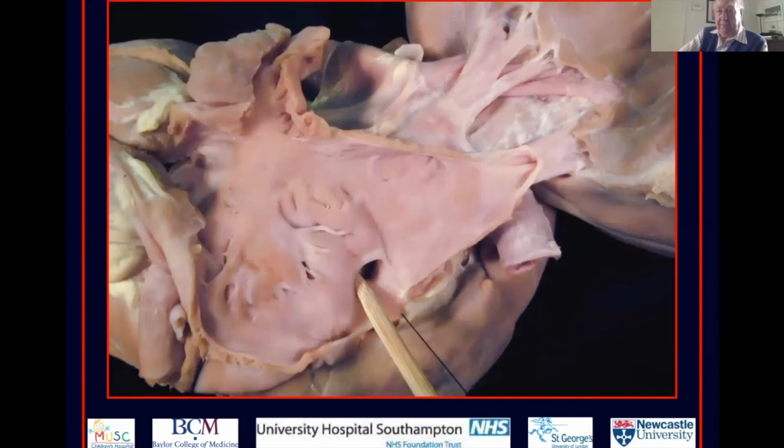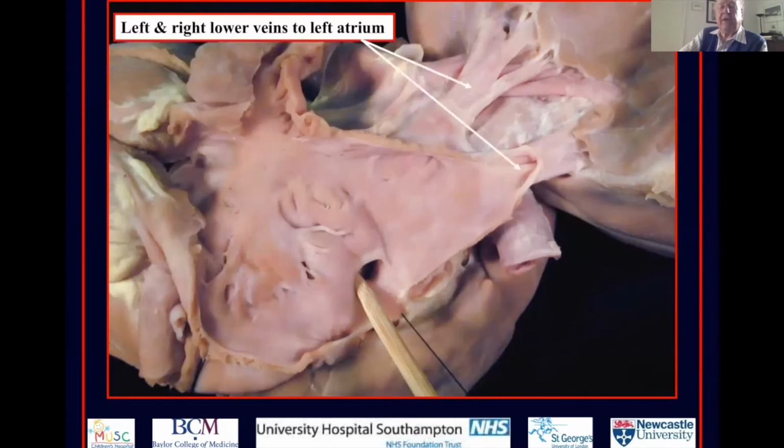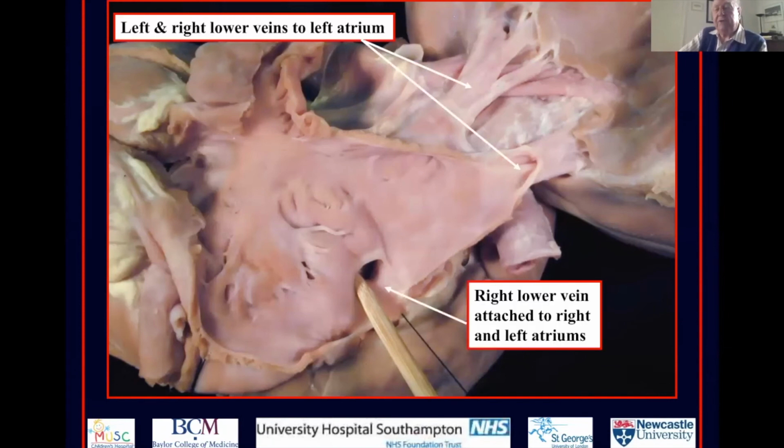The right upper pulmonary vein has drained anomalously to the superior caval vein whilst retaining its connection to the left atrium. There are the left and right lower pulmonary veins normally connected. Sorry, it should be the right upper vein attached to both right and left atriums that has created this channel between the atrial chambers.